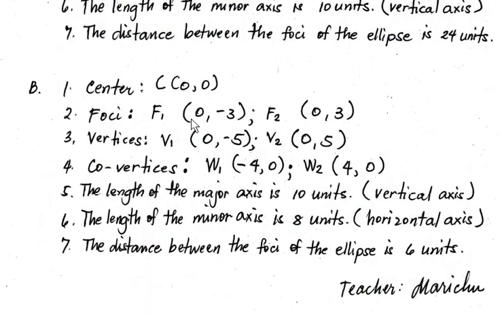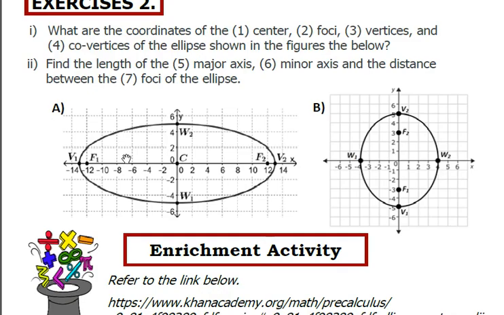Then for the vertices, the vertices, the foci, and the center are collinear with each other. So take note of these 5 points.